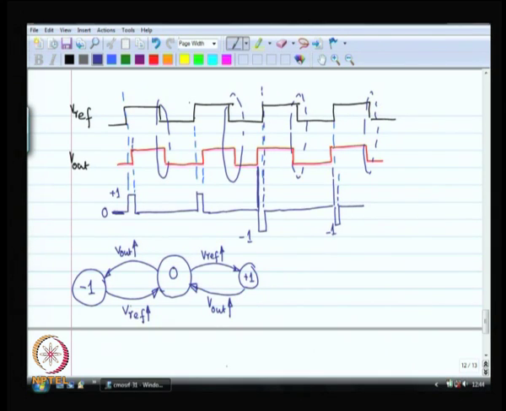So, this is the state diagram of the phase detector. It is a kind of strange digital system. The events over here are the rising edges of Vref and V out. Those are the events. There are 3 states. The inputs are basically the rising edges of Vref and V out. It is a strange kind of a state diagram.